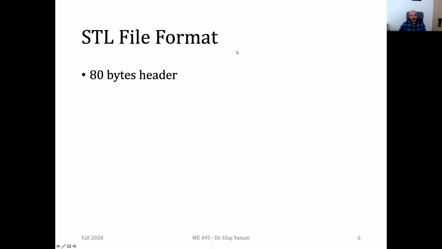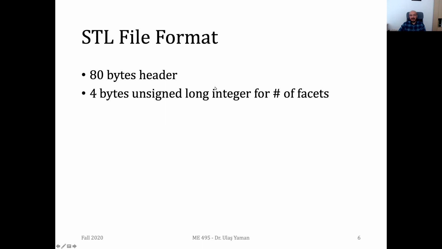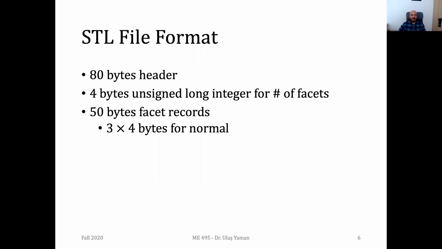So in the STL file format, we have some regions reserved for the header. In that header, we have information related to the definition of our model, and 80 bytes are reserved for that. And then we need 4 extra bytes for the number of faces, how many faces are available in this file. And then we need 50 bytes for the record of each face. What are they?